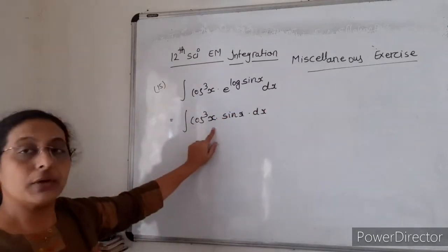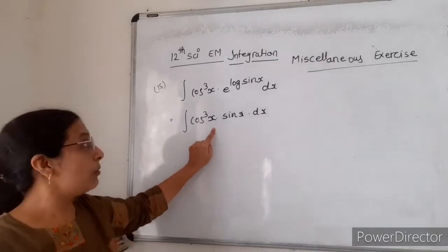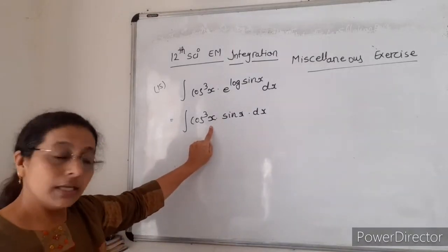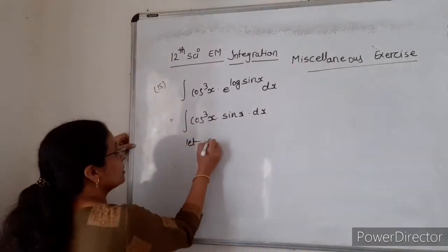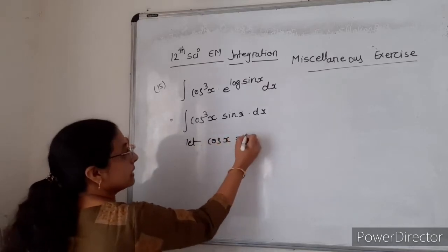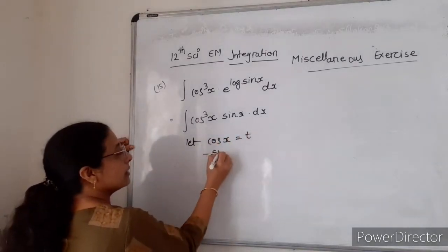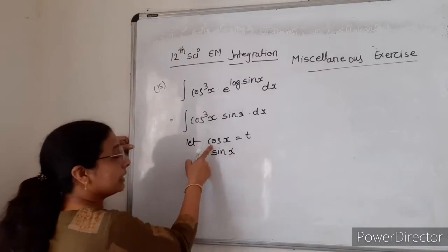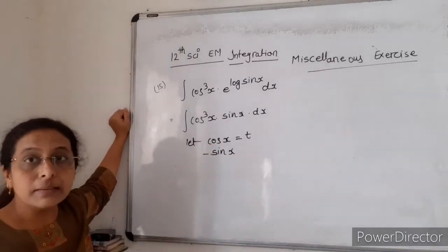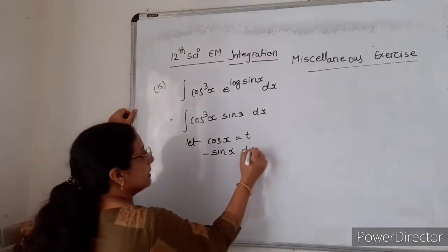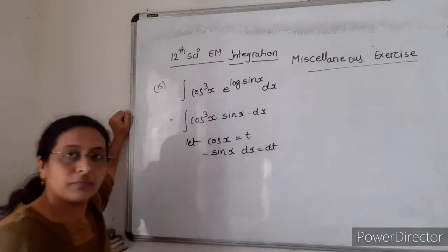Now by looking at this, you can do that. What to take? If you take let cos x is equal to t, then the derivative of cos is minus sin x dx equal to dt, right?